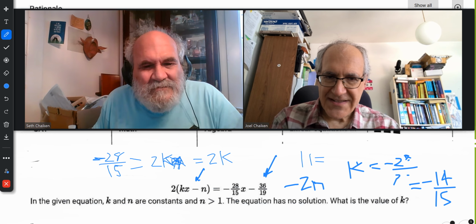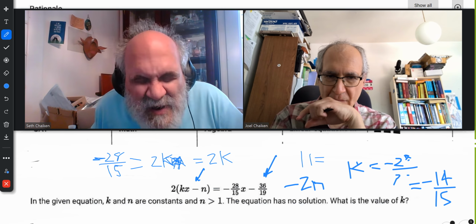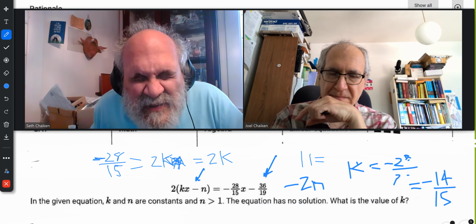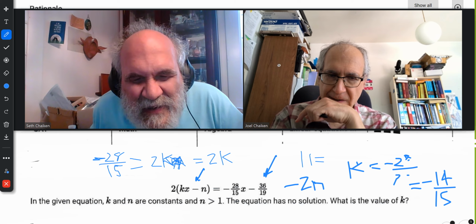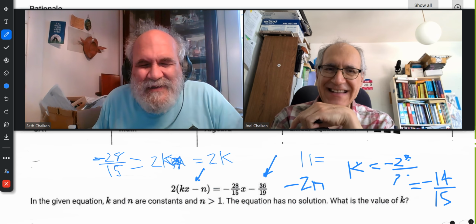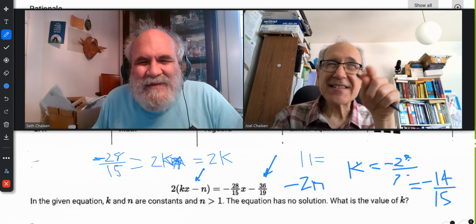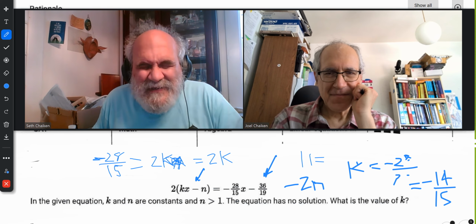So n could be 18 over 19ths, but that makes it less than 1.